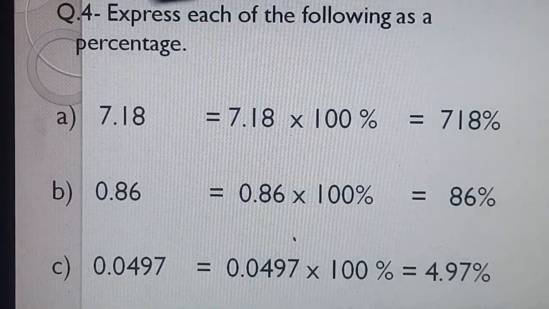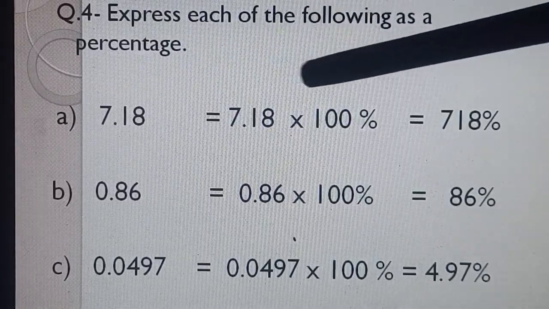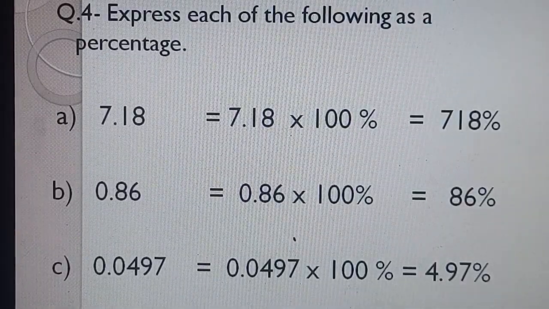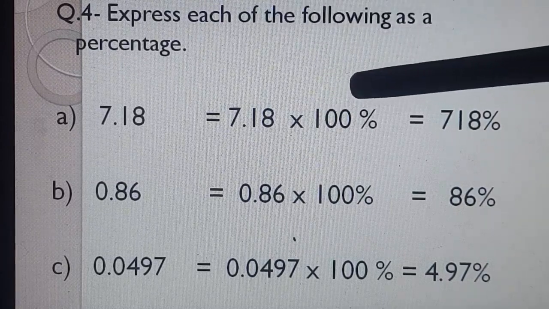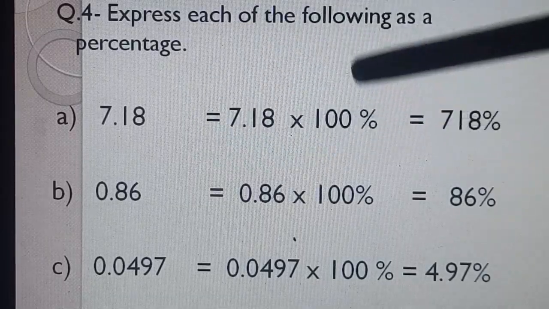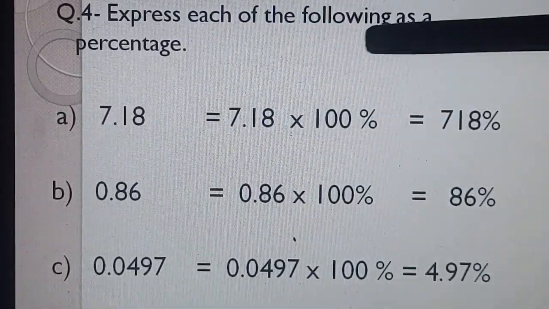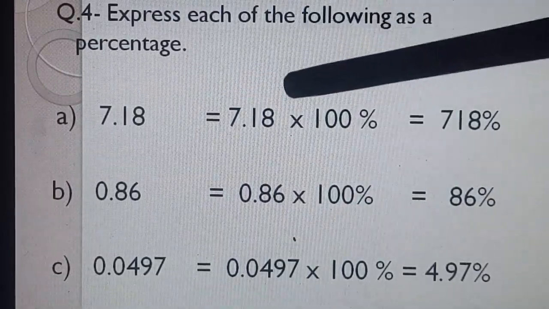So the number will become 7.18 multiply by 100%. Now 100 is here. 7.18 multiply by 100. Directly we can shift the decimal. As it is multiplication, so decimal will move forward.